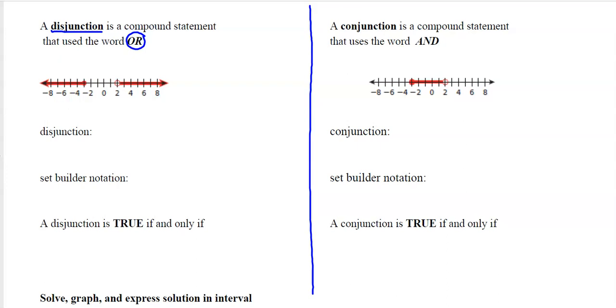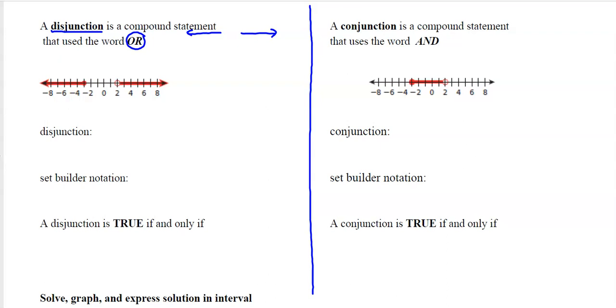When you look at the number line, you're always going to see this situation, typically, where the arrows blast out in both directions. If I look at this solution set, the red is the solutions.